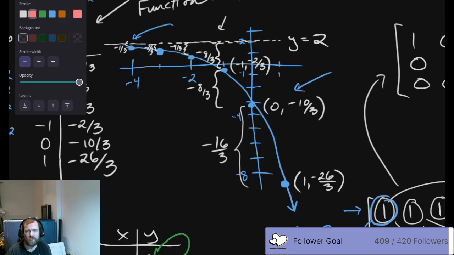But if I choose, let's do this one, negative 8/3 as my initial point. Nope, sorry. Our initial distance here is going to be negative 4/3.